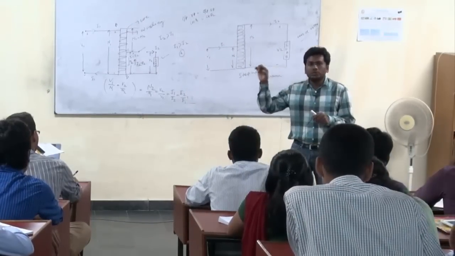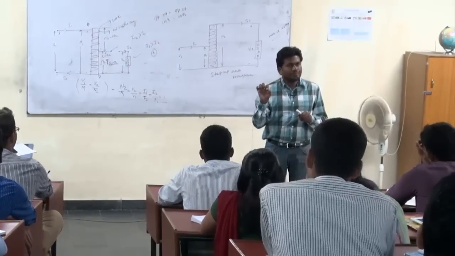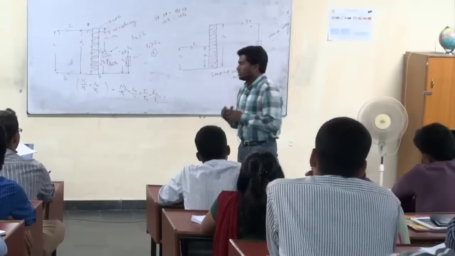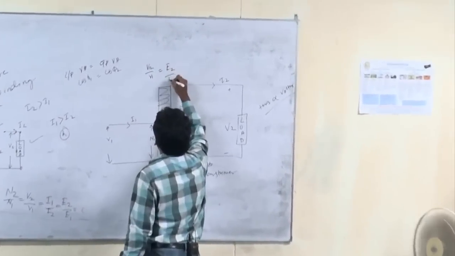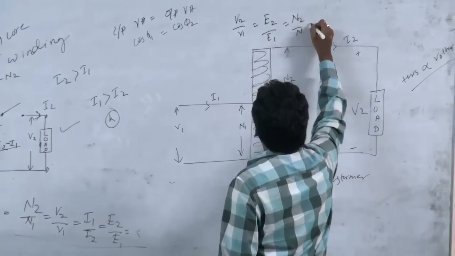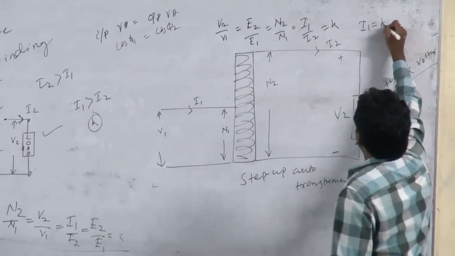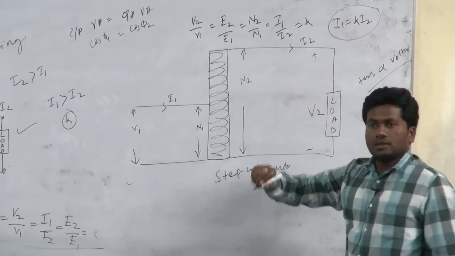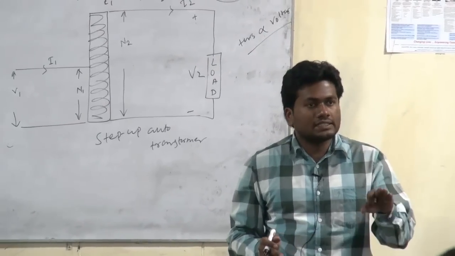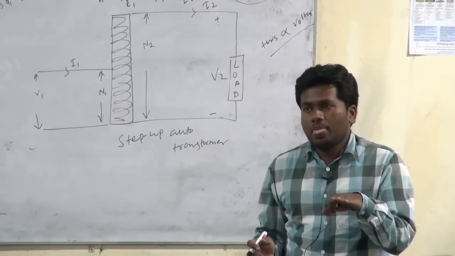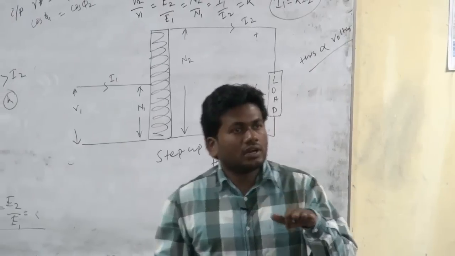I1 equals I2 into K. If K value is less, then what is going to happen there? Yes or no, I1 equals K into I2. If K is less, then will I1 be more or less?